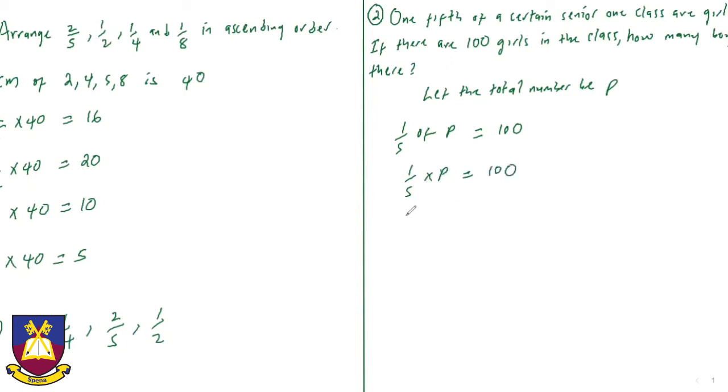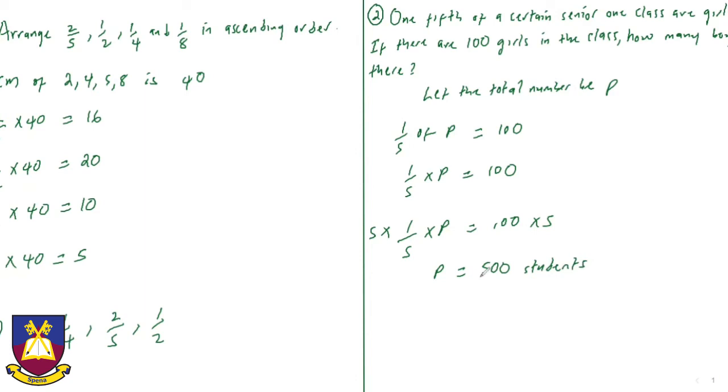We could multiply both sides by 5 to simplify. Times 5, times 5. This cancels, and we just get 1 times P, which is P. P is 500. So we have 500 students. The total P was the total number of students.